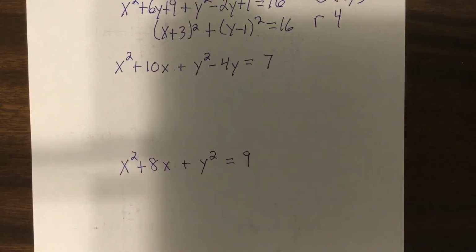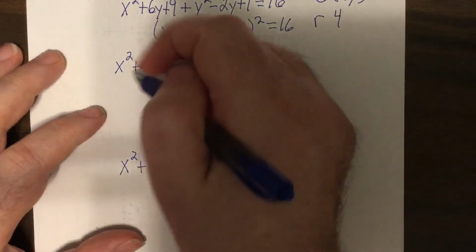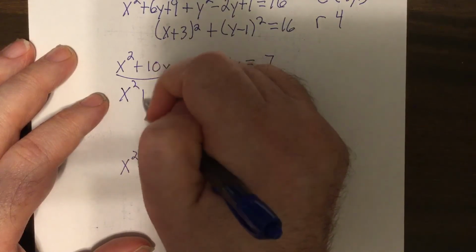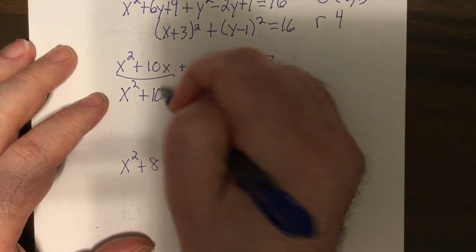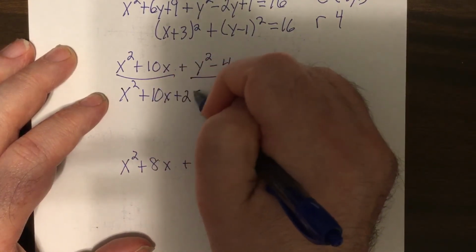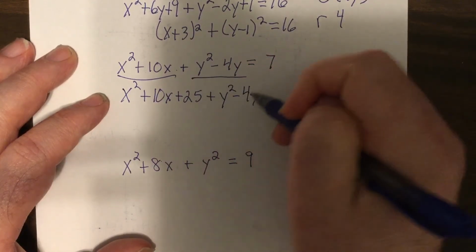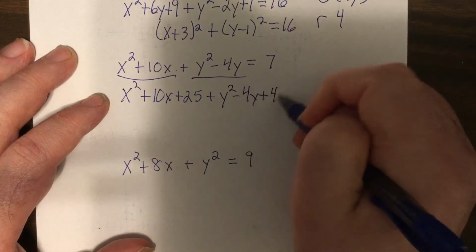Okay, 2 problems. Put it in proper form and state the center and the radius, and then turn me back on. You should be able to do this by now. We've been completing the square for a while. Half of 10x is 5, and 5 squared is 25. Half of 4 is 2, and 2 squared is 4.